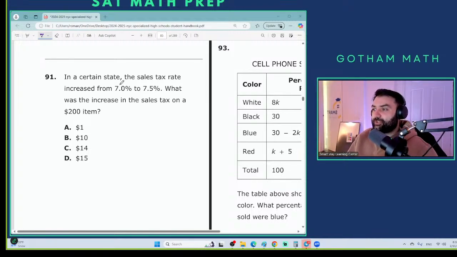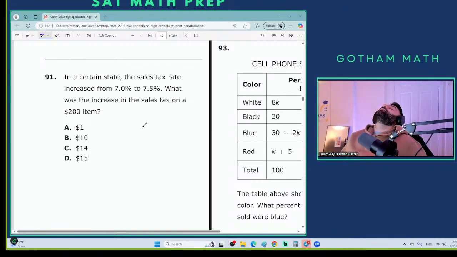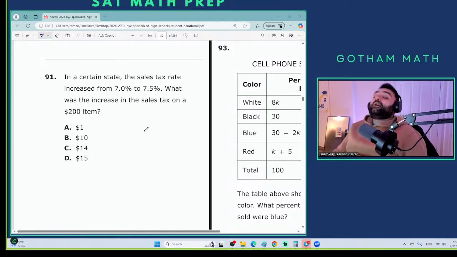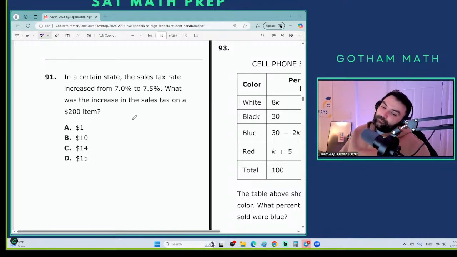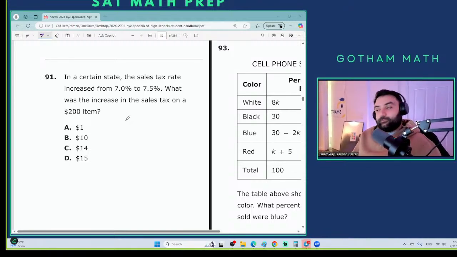By how much did the percent increase? 0.5%. Is that right? Yes.